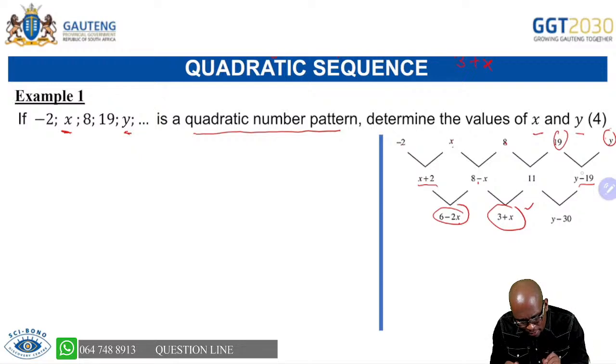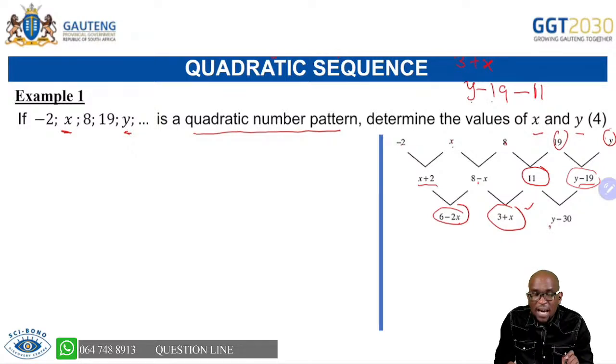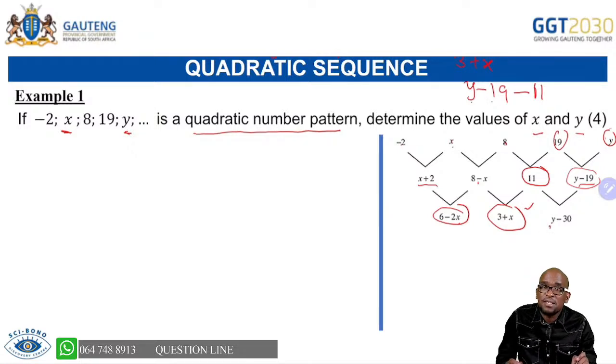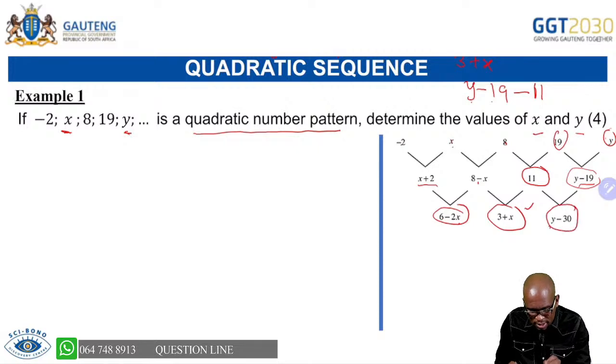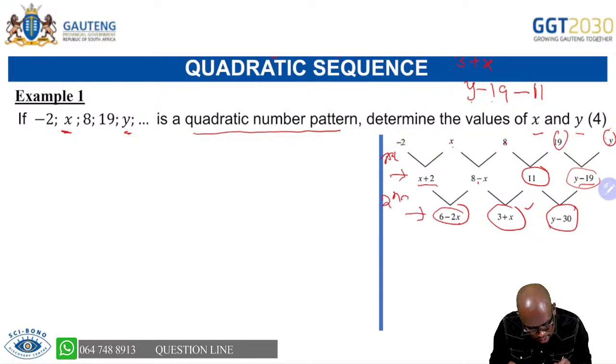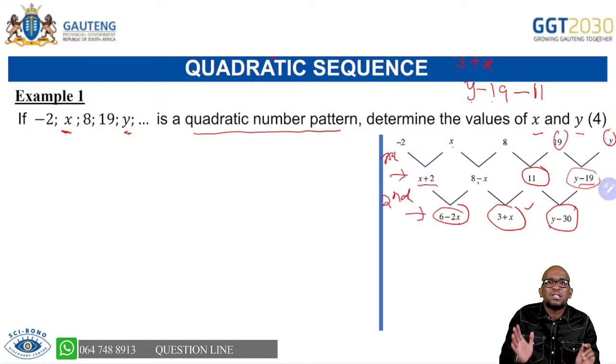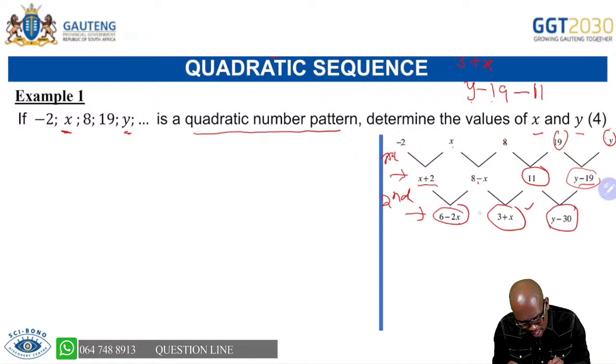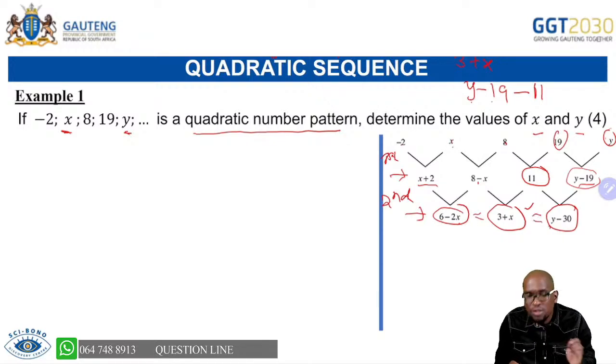And then the third one, we take this one and subtract that: y minus 19 minus 11, so y stays y, and negative 19 minus 11 is negative 30. Now, these are our first differences, and these are our second differences. We know the second differences are constant, which means this is equal to that, which is equal to that.